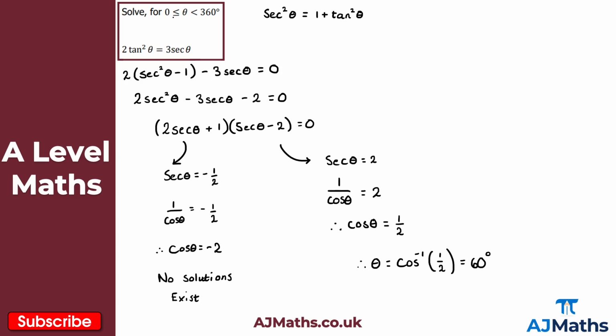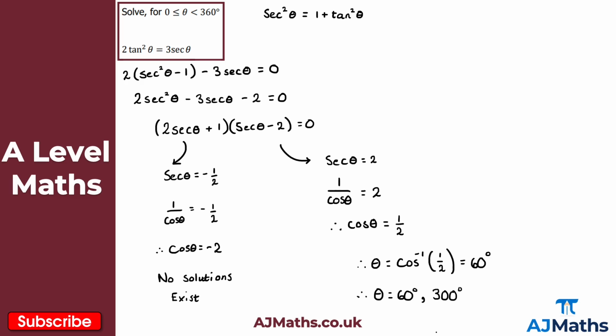And within this range, or this domain, I should say, from 0 to 360 degrees, we get a second solution. And that comes from 360 minus this angle. So 360 minus 60 gives us 300 degrees there. So therefore, we can see that for theta, the full solutions here would be 60 degrees and 300 degrees.